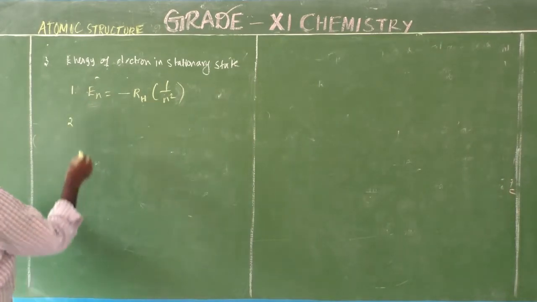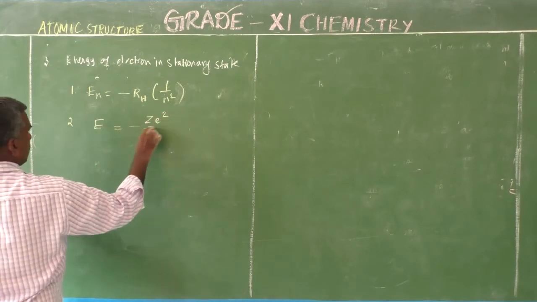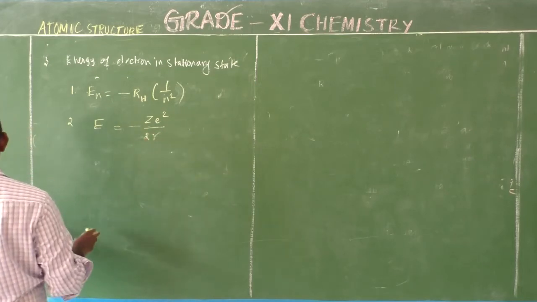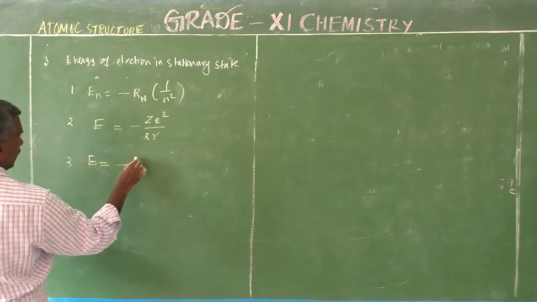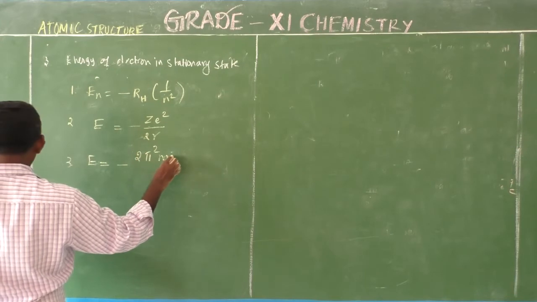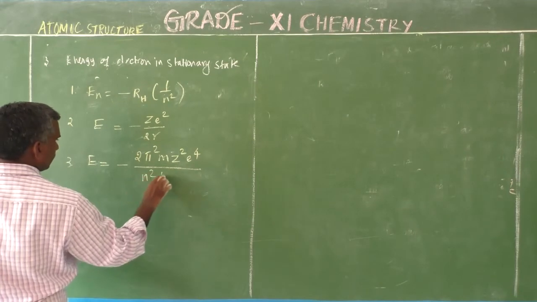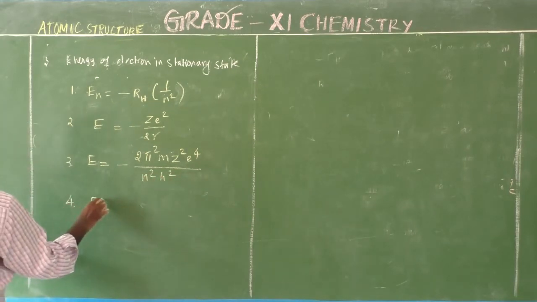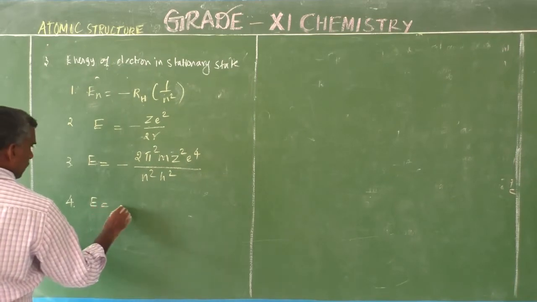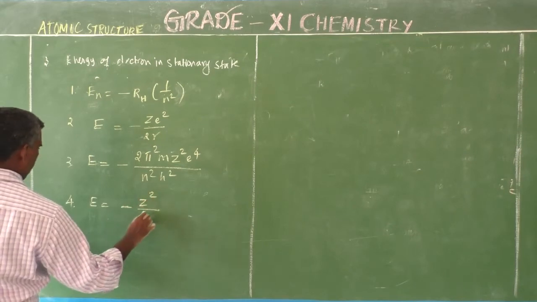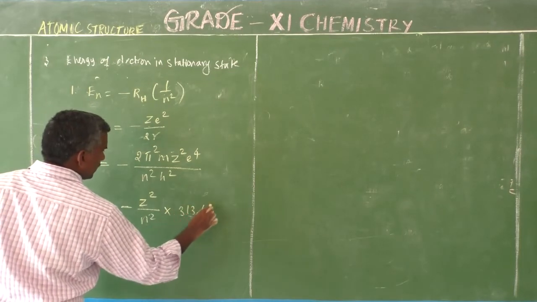Second formula: energy is equal to minus Z e squared by 2R. Third formula: E is equal to minus 2 pi squared m Z squared e power 4 by n squared h squared. Fourth formula: E is equal to minus Z squared by n squared into 313.6 kilocalorie.